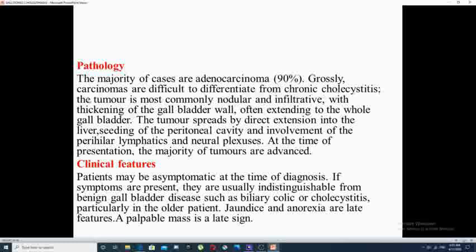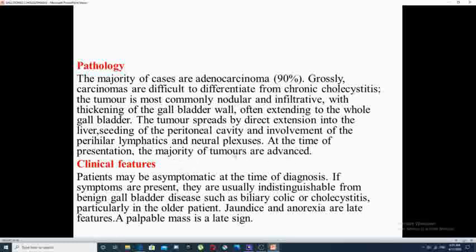The tumor is most commonly nodular and infiltrative, with thickening of the gallbladder wall, which may extend to the whole gallbladder. Tumor may spread by direct extension into the liver or peritoneal cavity, or lymphatics and neural plexuses are affected.